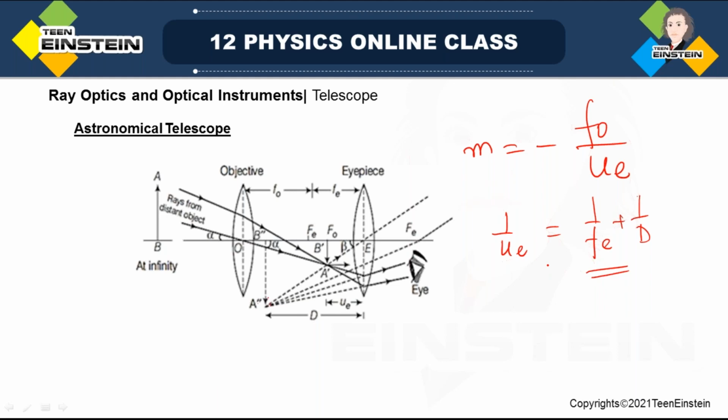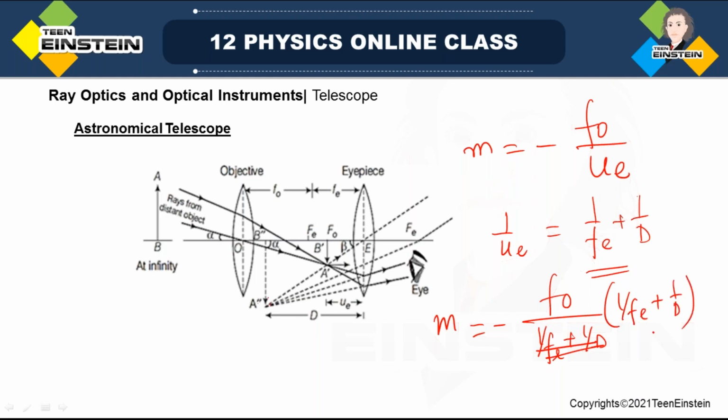So m is, this minus is already there, so I'll write this as 1 by fe plus 1 by d. Oh, actually this should be here, 1 by fe plus 1 by d, because we already have 1 by u.